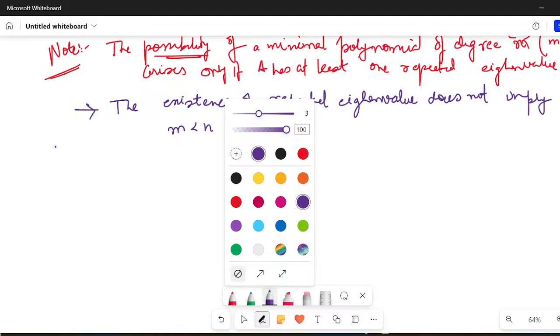Can I ask whether everybody is getting the concept till now?